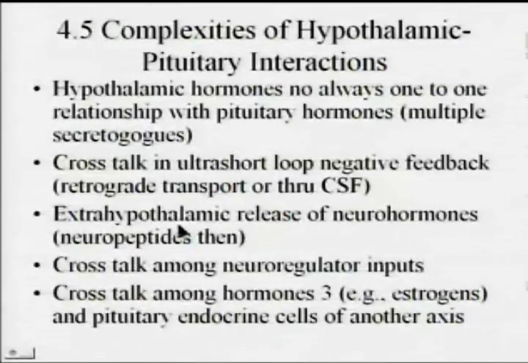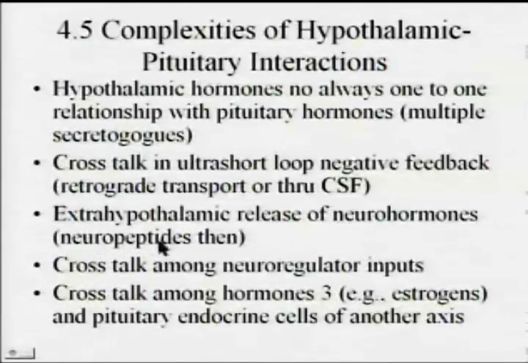Extrahypothalamic release of neurohormones will be through neuronal circuitry. When you're talking about extrahypothalamic projections of neurons, say a CRH neuron in the lateral parvocellular subdivision of the hypothalamic paraventricular nucleus, projecting to the brainstem, and then being released at a synapse onto another neuron there in the brainstem somewhere, maybe the medulla oblongata, you would refer to the CRH as a neuropeptide, not as a neurohormone.